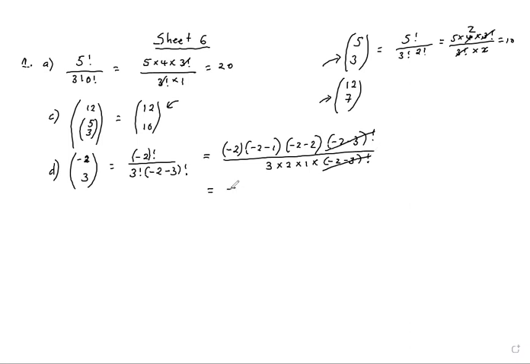Then you remain with -2, -3, -4 over 3 by 2, and the response remains -4.